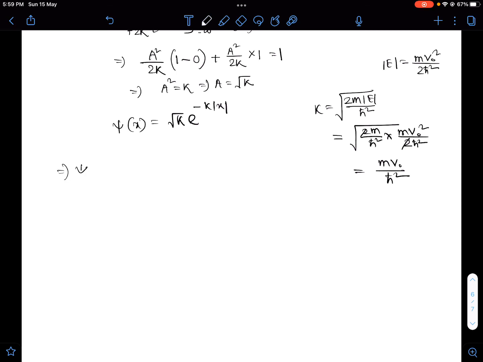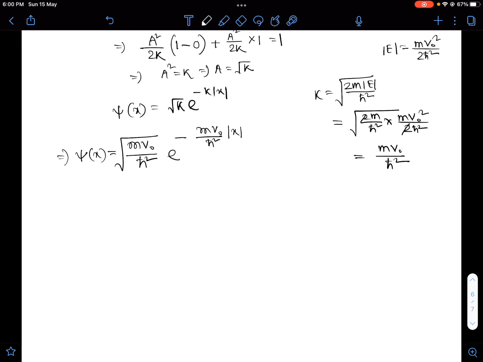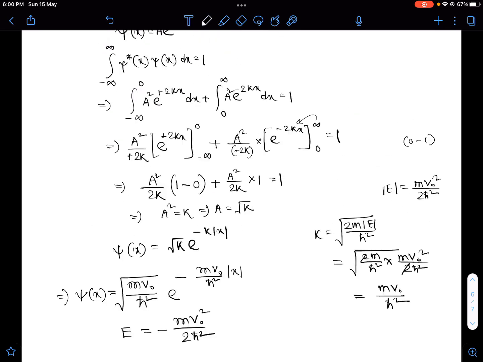So psi x will be root under mV0 by ħ squared e to the power minus mV0 by ħ squared into mod x. So that is our bound state wave function, and it has an energy value of minus mV0 squared by 2ħ squared. So that is it for the first problem.